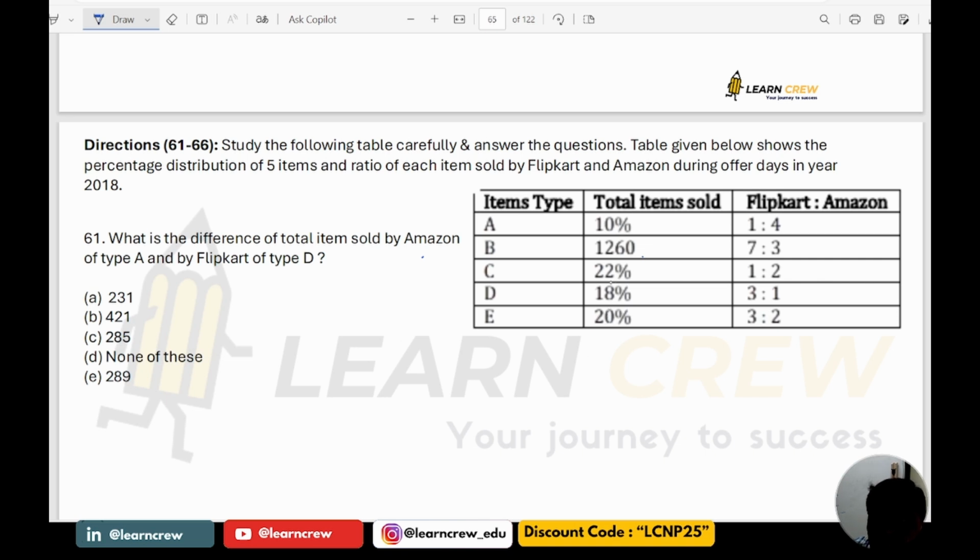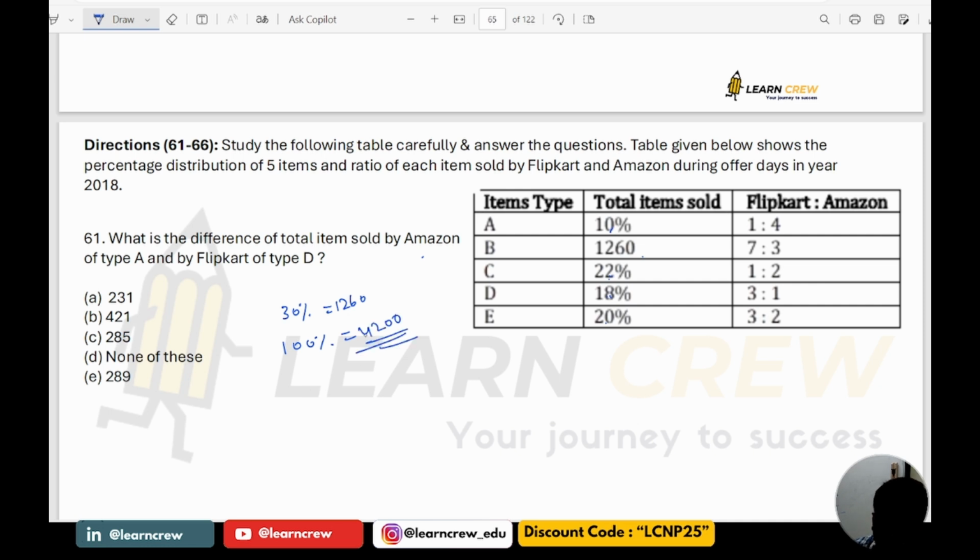So 22 plus 18, 40. 40 plus 20, 60. 60 plus 10, 70. So 70% is, 30% is 1260. So total 100% would be how much? 4200.